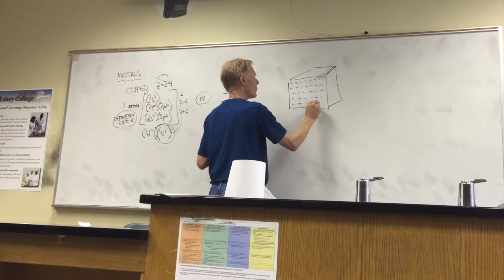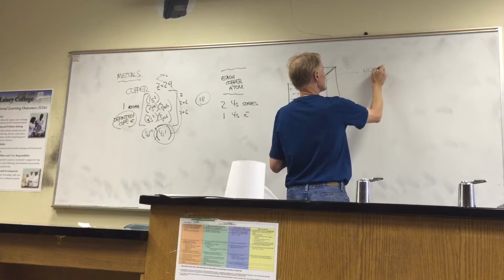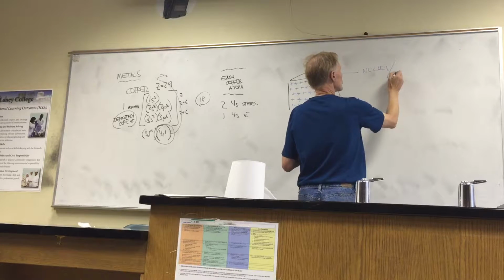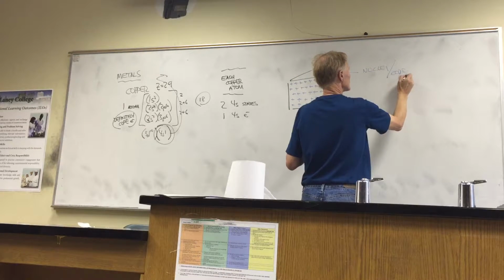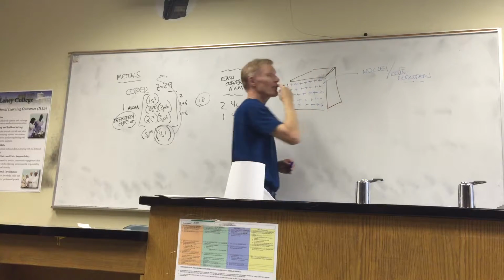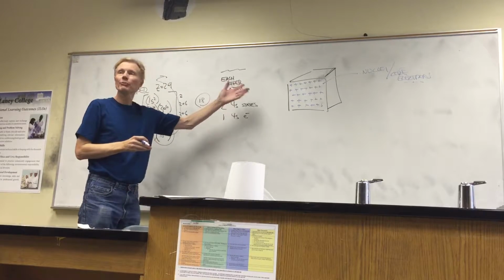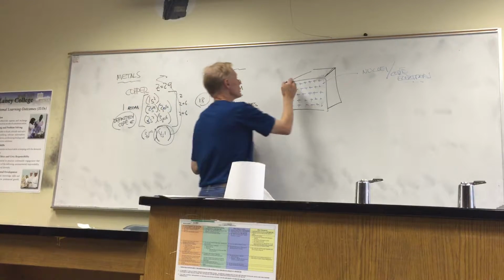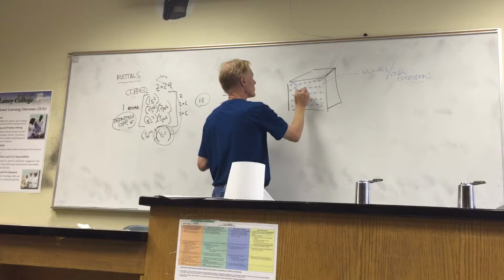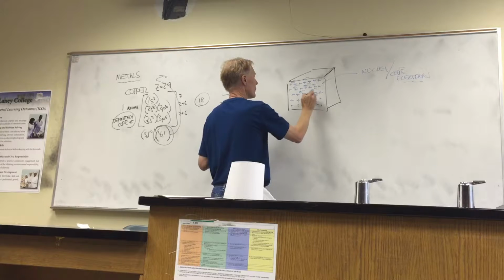So here's our block of copper. The positive charges are coming from nuclei plus core electrons. And then we're going to add the 4s electrons in, and they're going to fill in all of these regions. We're going to have a bunch of 4s electrons holding everything together. So that's the plan.